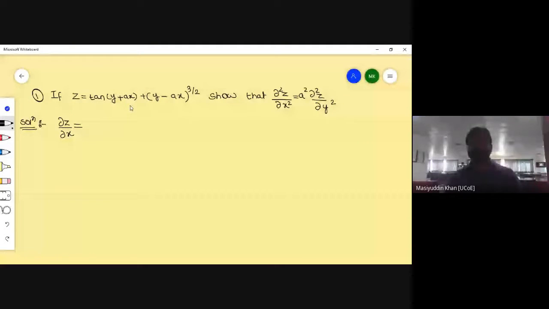First, the derivative of tan will be what? It will be sec square of (y plus ax). And the derivative of y with respect to x will be 0, and the derivative of ax with respect to x will become 1 and a will come out.